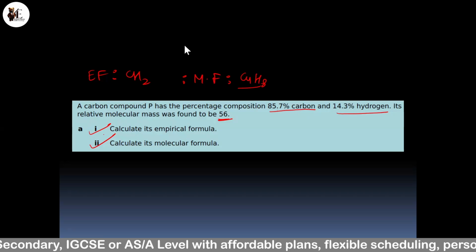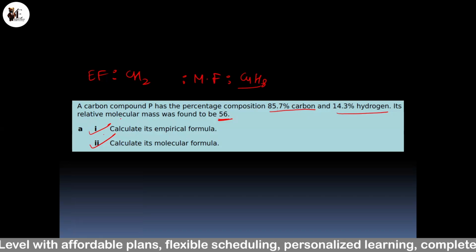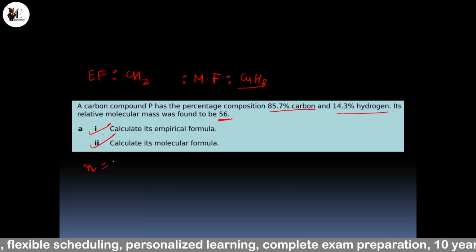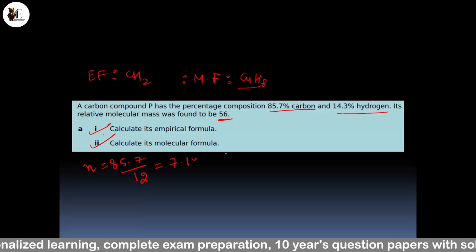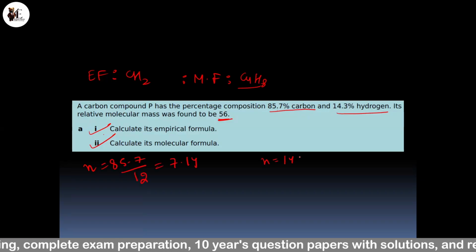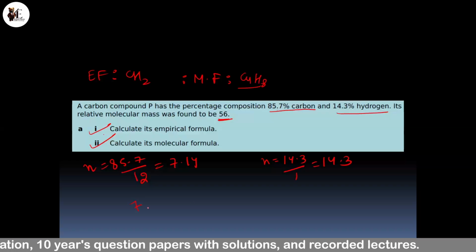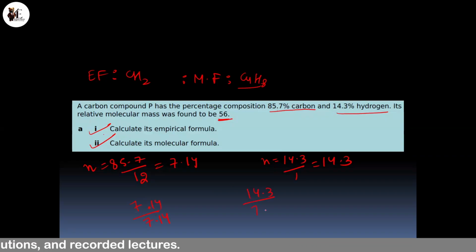But let me just check the answer again. First of all, we have to calculate the number of moles of carbon. 85.7 divided by 12 comes out to be 7.14. And for hydrogen, it is 14.3 divided by 1, which comes out to be 14.3. Next, we have to divide by the smallest number: 7.14 divided by 7.14, and 14.3 divided by 7.14. So here it comes out to be 1 and here it comes out to be 2.